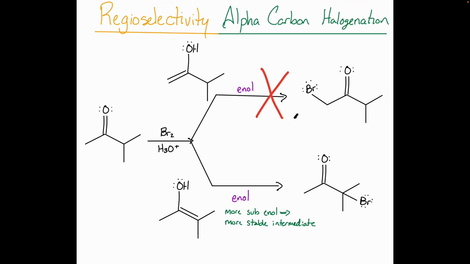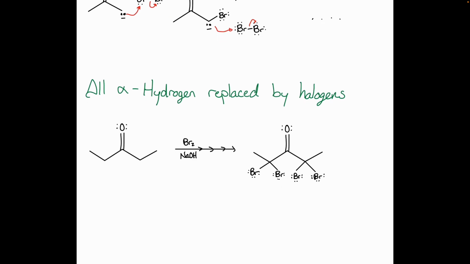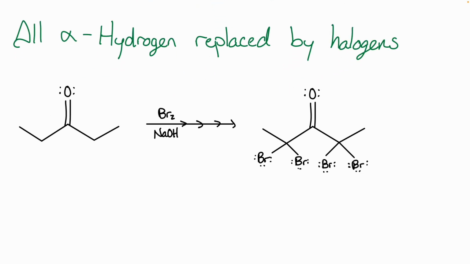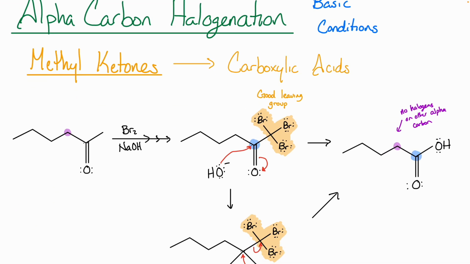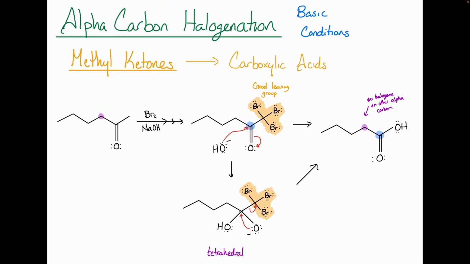We can carry out the same reaction, but under basic conditions, and we will see that all alpha hydrogens get replaced by halogens, right? It just keeps on going and going and going. And then specifically, if we use a methyl ketone under basic conditions, what we're going to see is a carboxylic acid is formed because that methyl carbon gets completely brominated and thus is a good leaving group, gets kicked off by that OH.